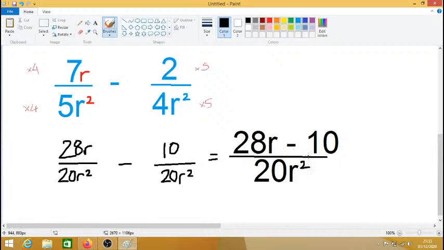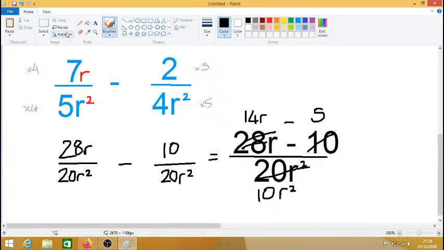They're all even numbers at the beginning, so I can divide by 2, so that will become 14r. And it'll be minus not 10, but half that, just like I did with the 28r, that's 5. The 20r squared, let's make that 10r squared.